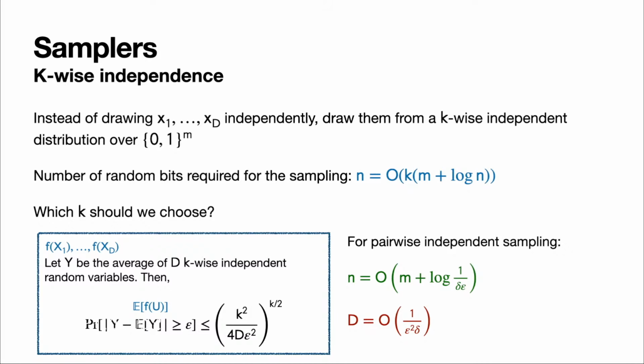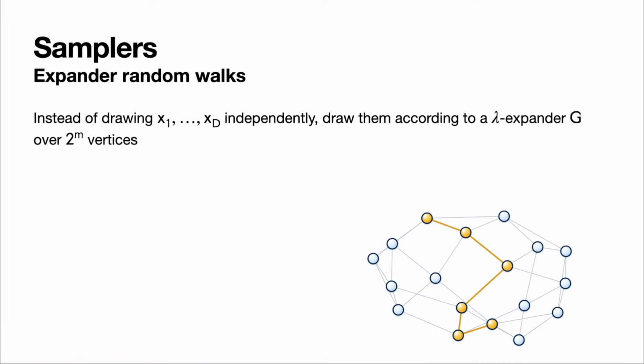Okay, let's see a second construction. Now, instead of drawing x1 up to xd independently or from a k-wise independent distribution, let's draw them according to a walk on an expander. So take a lambda spectral expander over 2 to the m vertices. Each vertex here is a randomness string that I need to query, a string in {0,1} to the m.